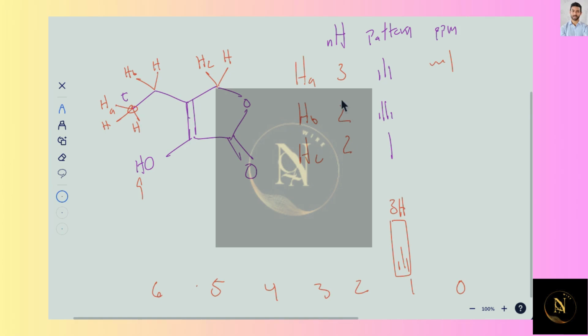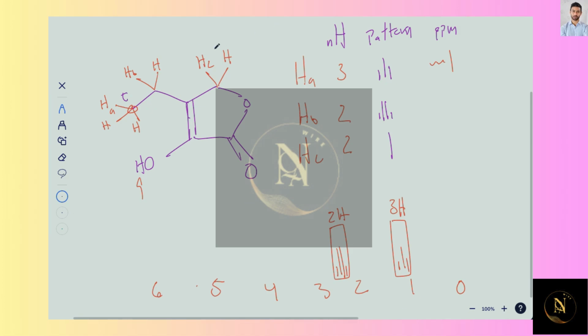Typically, that's in the 1.5 to 2.5 range. Being on a carbon that's neighboring a double bond puts you around 2.5. So it seems very likely that B, our quartet of 2 hydrogens, will be right there.